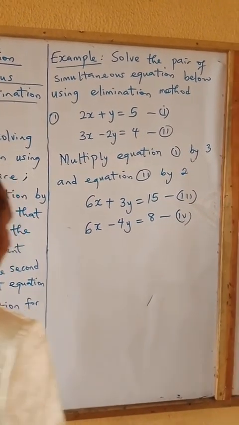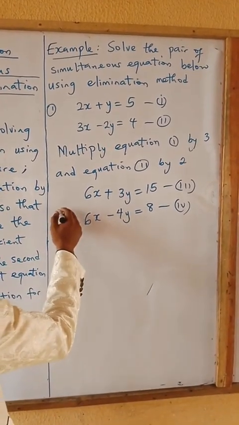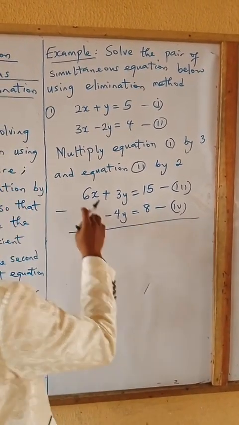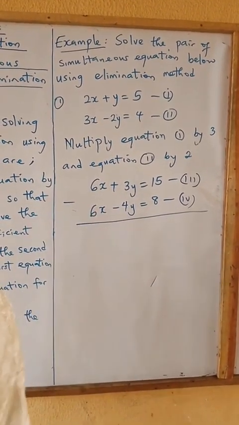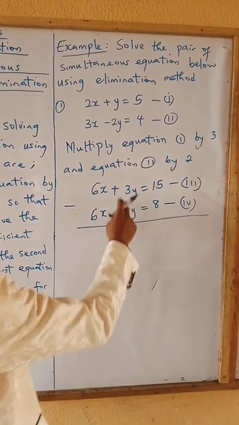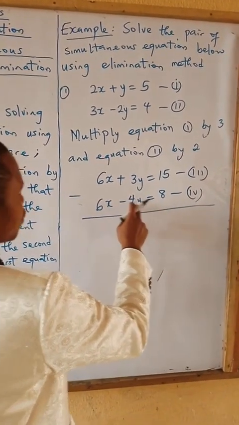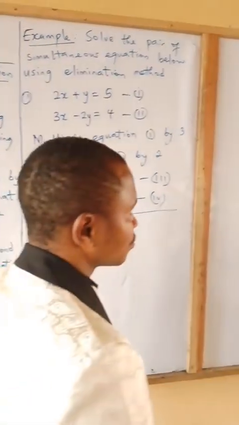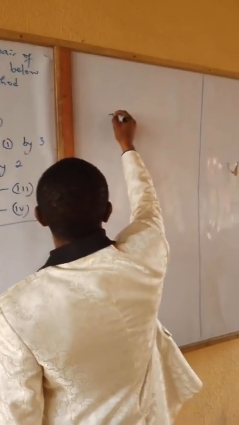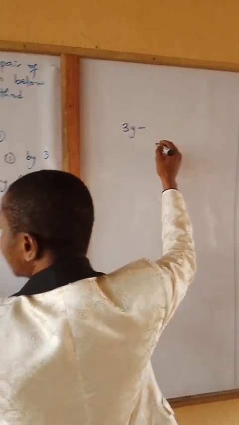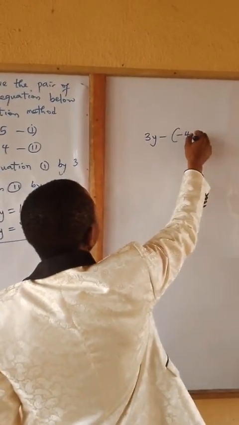Then the next step is to subtract. So we are going to subtract equation 3 from equation 4. By the time we subtract 6x minus 6x, it's going to give us 0. Then we are going to subtract 3y minus 4y. I would love to show this. We have 3y minus the minus that is outside here, minus 4y.